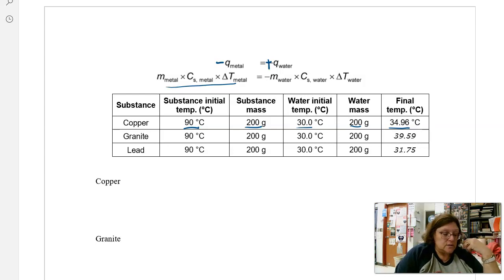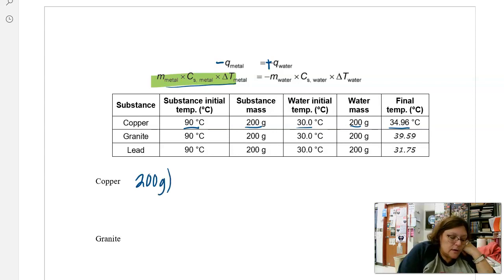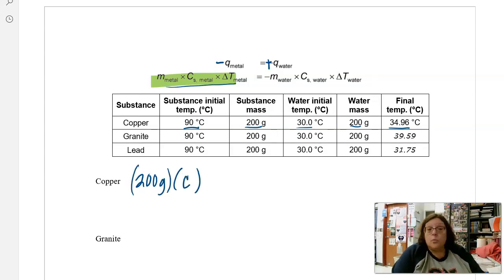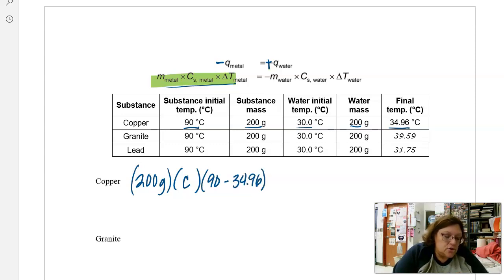What we're going to do is take the mass of the metal, because I'm going off of this. The mass of the metal is 200 grams. The specific heat of the metal is unknown. We could look it up, but we're going to calculate it. And our temperature change is from 90 to 34.96. Now, I should do that the other direction and come up with a negative number, but we're just going to set them equal.